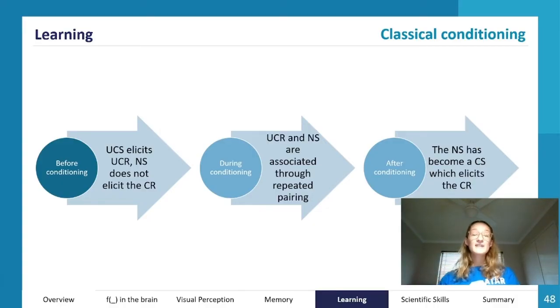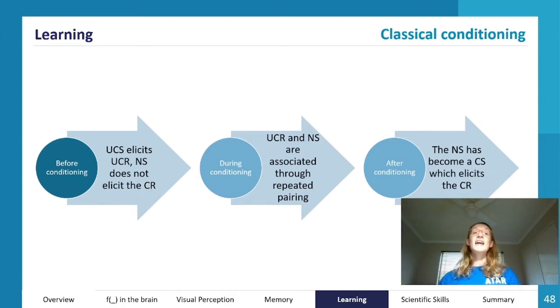In Pavlov's experiment, the unconditioned stimulus was the food. The dogs did not need any conditioning or learning. The food naturally elicited an unconditioned response, which is the natural response, in this experiment the drooling.